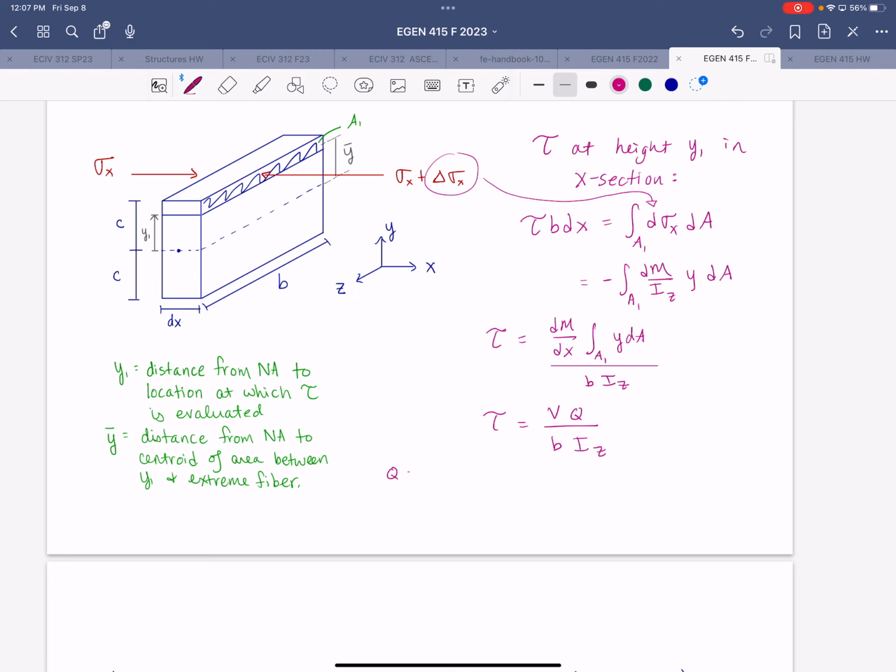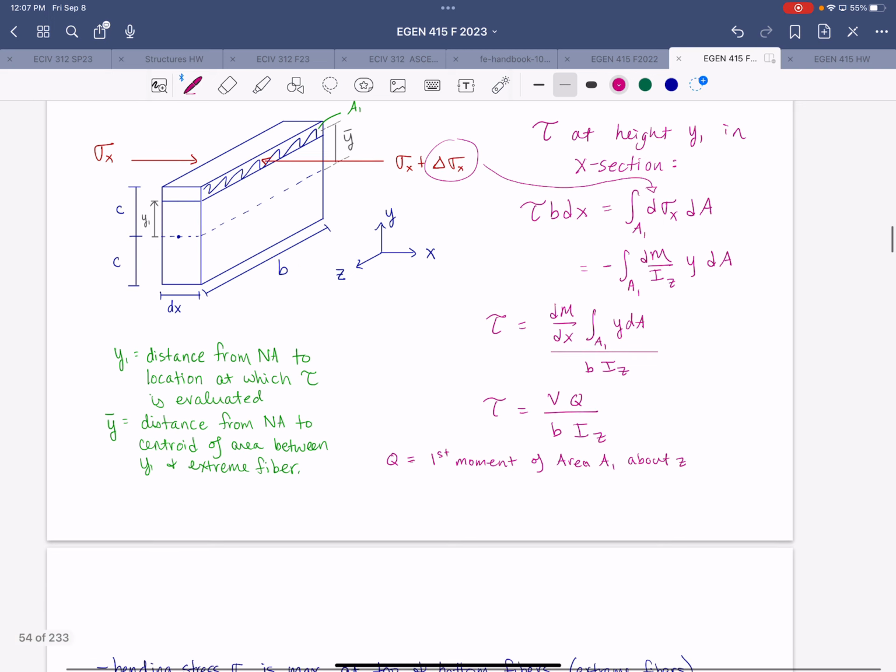So just write down here, capital Q is that first moment of area A1 about Z. And we'll go over the calculation for that in a moment.